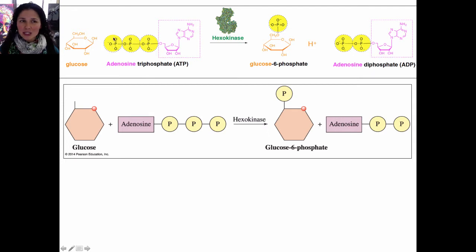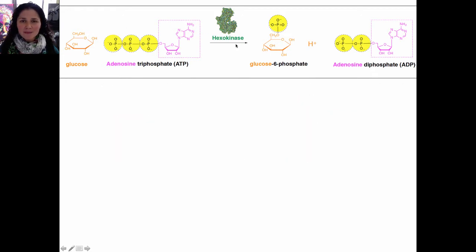When one of the phosphates is transferred to glucose, this is now called adenosine diphosphate, or ADP, where the D or di stands for 2 phosphates. Hexokinase catalyzes this reaction by bonding to glucose and ATP and helping to convert them into products.